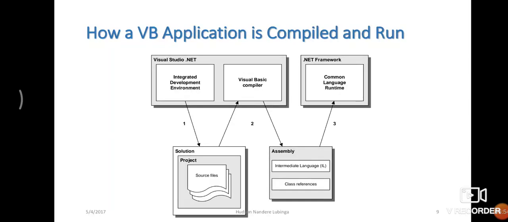So this is an overall diagram showing how a Visual Basic application is compiled and run. First, there is the Visual Studio .NET integrated development environment, as I have told, IDE, and the Visual Basic compiler and .NET framework. All these things get connected to the source files that you have coded.